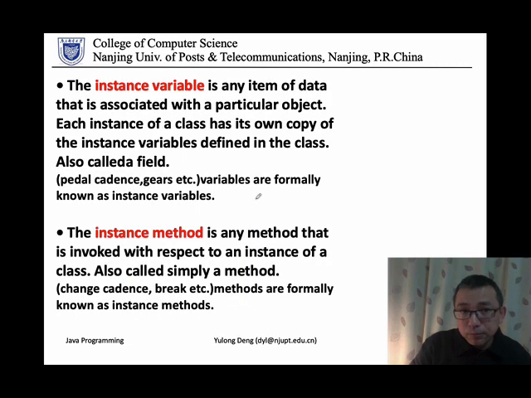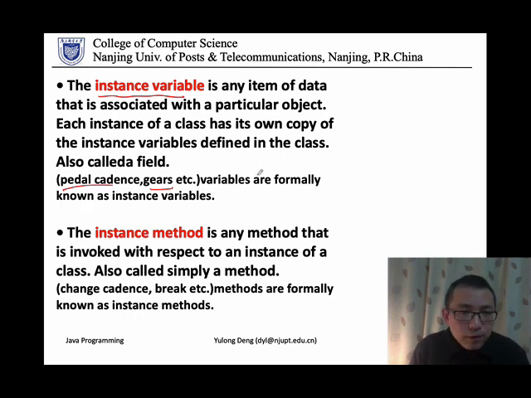Okay. So we have two concepts. One is instance variables. The instance variables are this data. For example, the speed of the bicycle, the pedal cadence of the bicycle, the gears of the bicycle. They are instance variables.